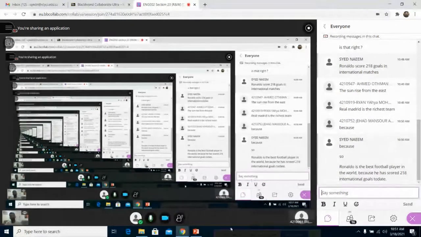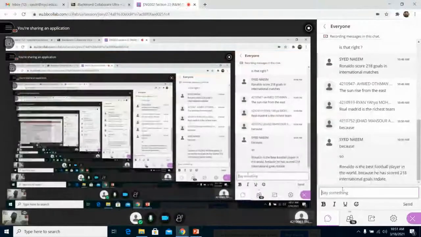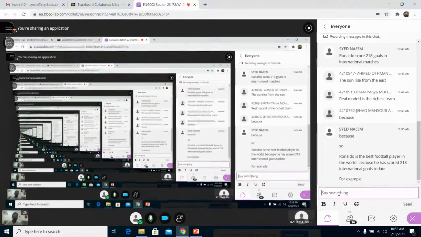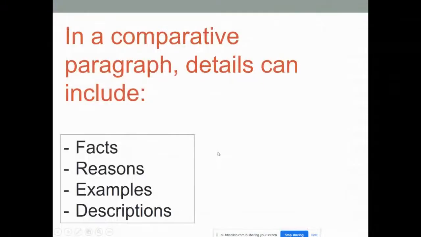We can also use an example. Example, mithal. The signal words we use are for example, like that. You can use these signal words to write a comparative paragraph. You can also describe something when you are writing a comparative paragraph.